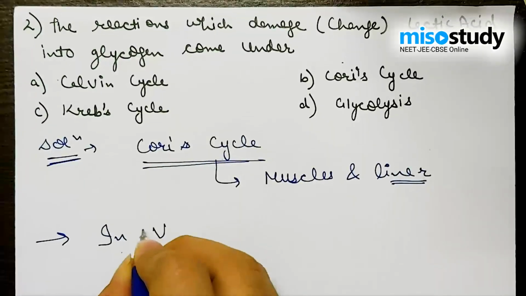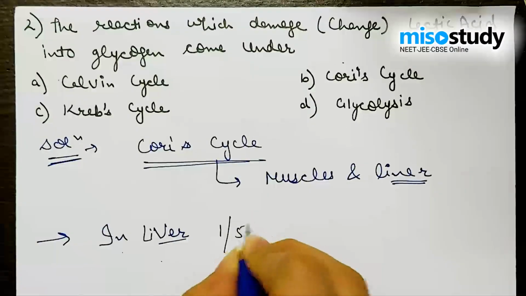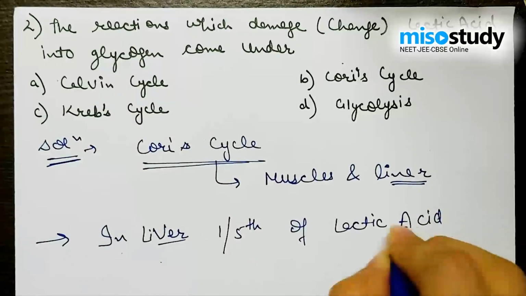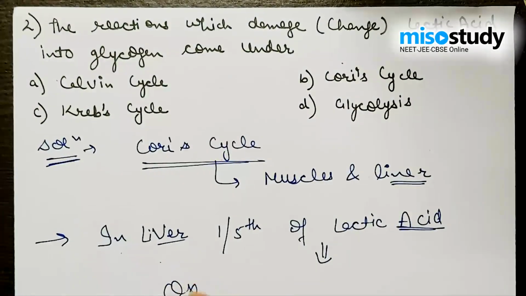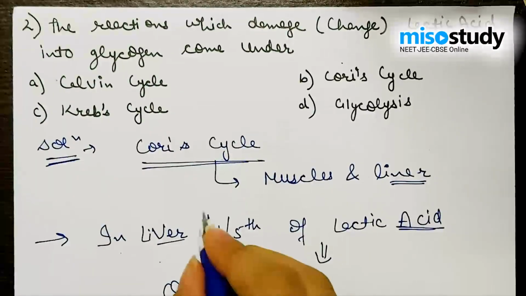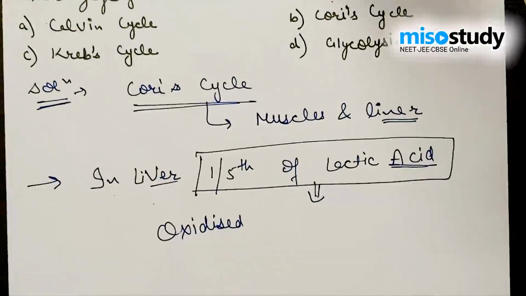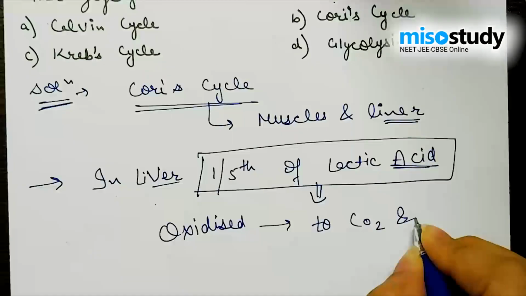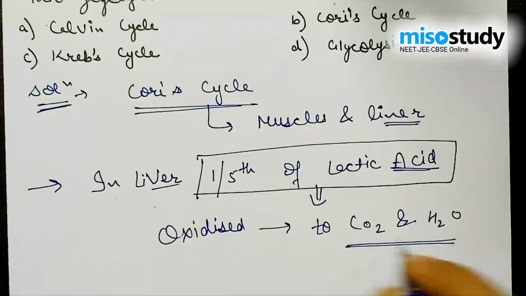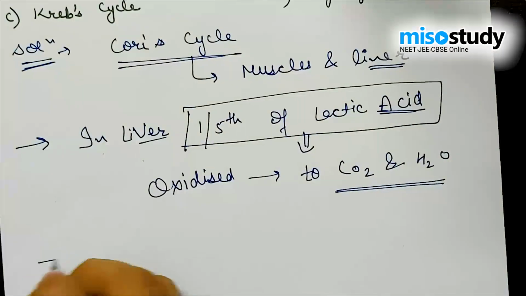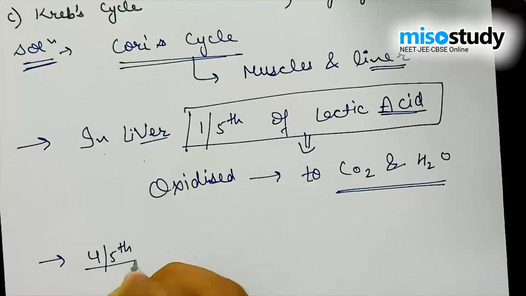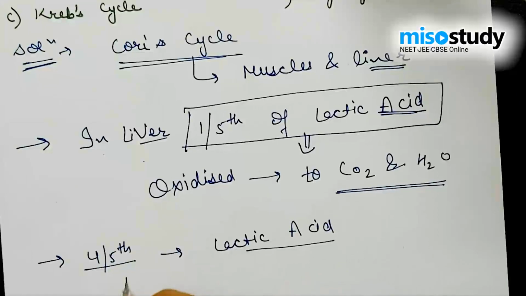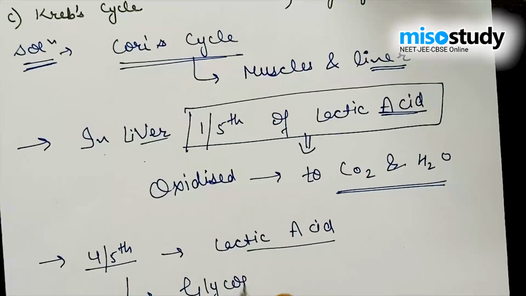In the liver, 1/5 of the lactic acid is oxidized to form CO2 and H2O, and the rest, 4/5 of the lactic acid, is synthesized into glycogen.